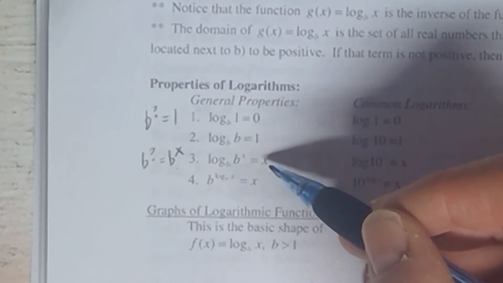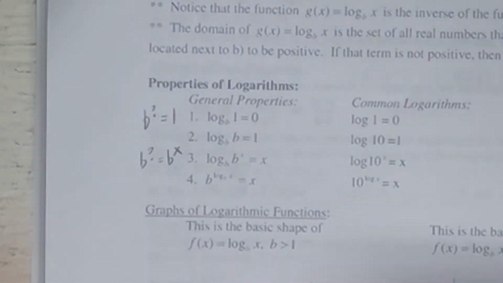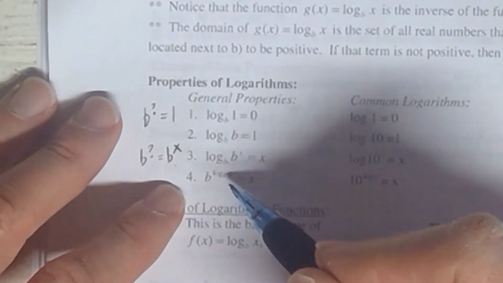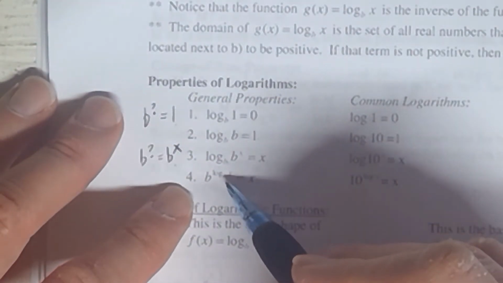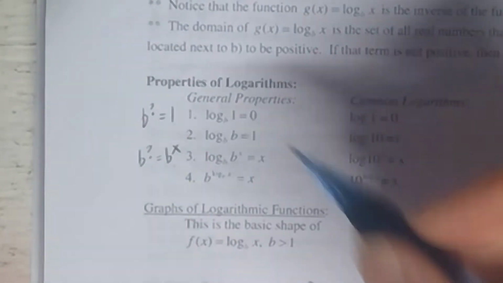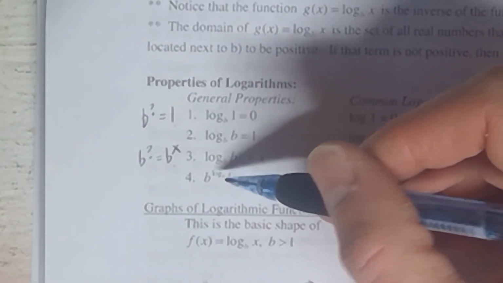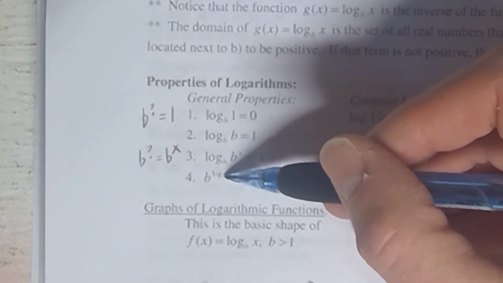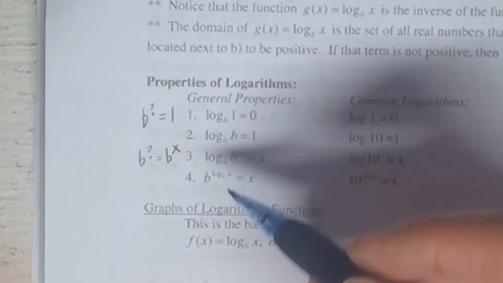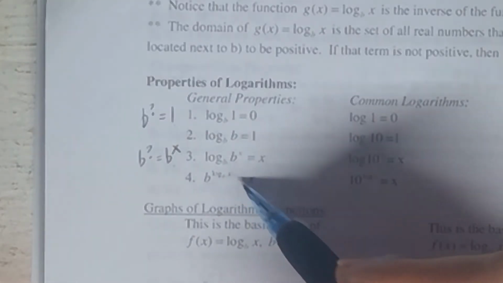And then finally here we have a log stuck inside of an exponent. If you look closely on your worksheet, I know it's kind of hard to see on the screen, it's so small, but the base that goes with the log is not by itself on one side of the equal sign, it's stuck inside the exponent. If the base of that log is the same as the big B here, then the answer will be the product term inside of that logarithm.